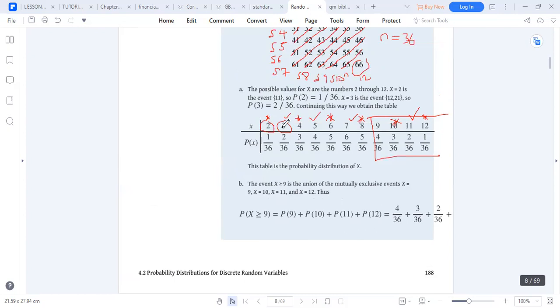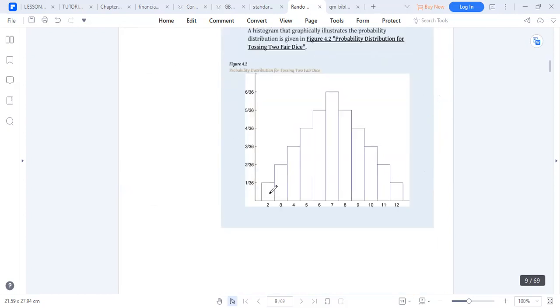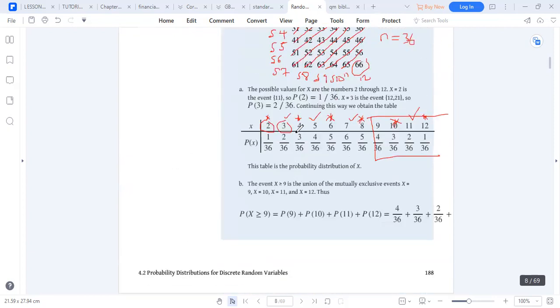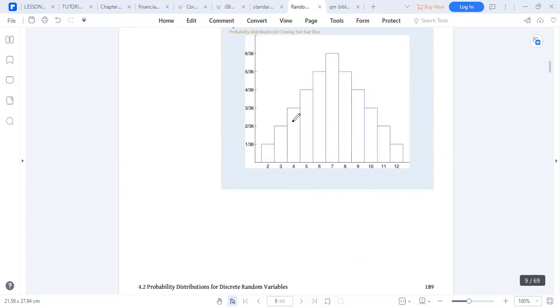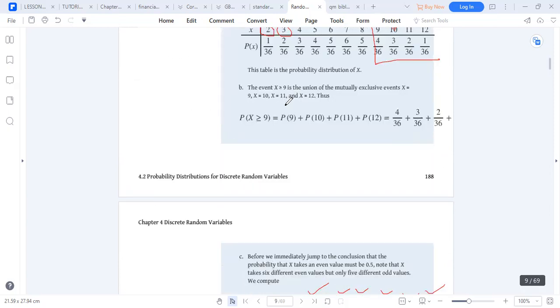Then 3 against 2 over 36. 4 against 3 over 36. So you go on and on according to the way the function would be. Any questions?